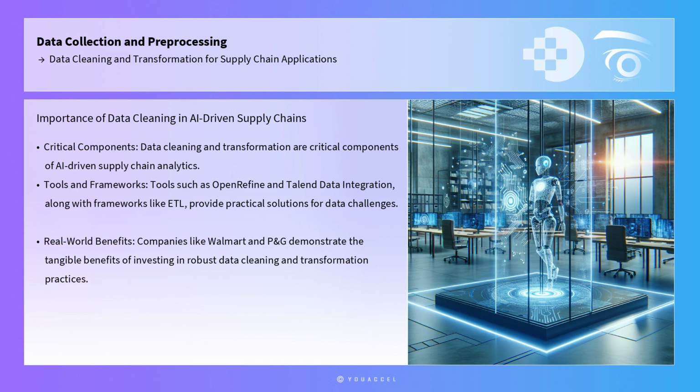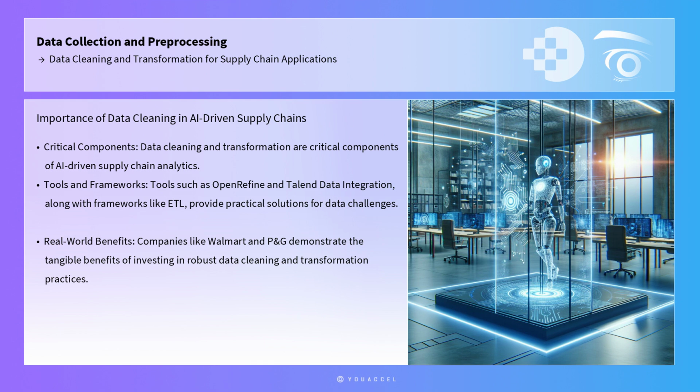In conclusion, data cleaning and transformation are critical components of AI-driven supply chain analytics. By ensuring data accuracy and consistency, these processes enable businesses to make informed decisions and optimize their supply chain operations. Tools such as OpenRefine and Talend Data Integration, along with frameworks like ETL, provide practical solutions for addressing data challenges in supply chains.